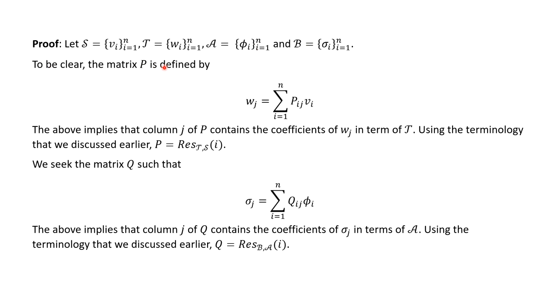To be clear, the matrix P mentioned in the theorem is defined by W sub j equals the summation from i equals 1 to n of P sub ij times V sub i.